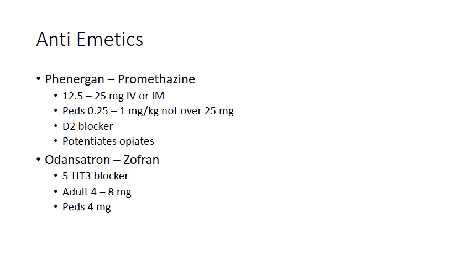So Phenergan or promethazine has been around for a long time. It's considered an anticholinergic, a phenothiazine. It has some sedative properties. The adult dose is typically 12.5 to 25 milligrams, and that's either IV or IM. The really big thing you have to watch out for with Phenergan is that if your IV is infiltrating and Phenergan gets into the tissues, it causes necrosis.